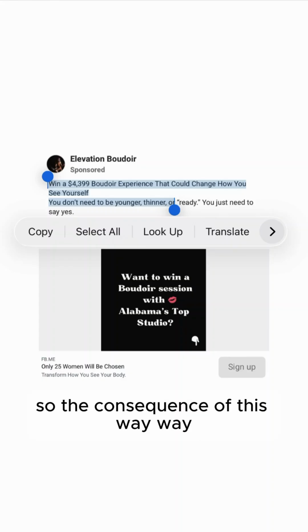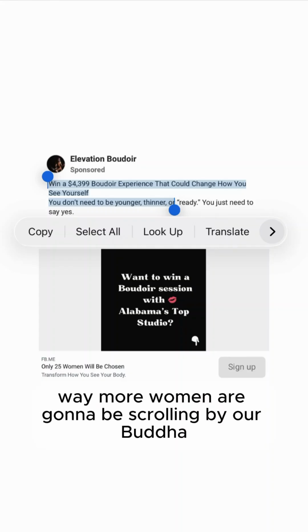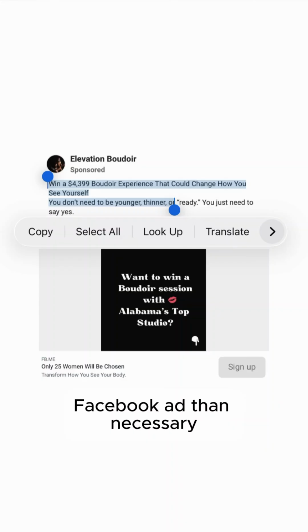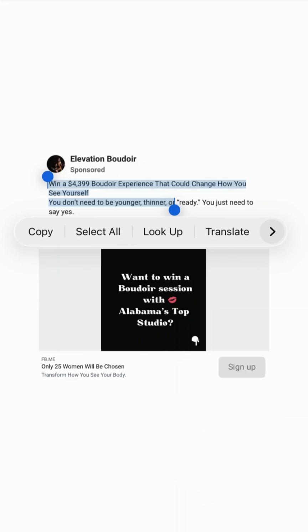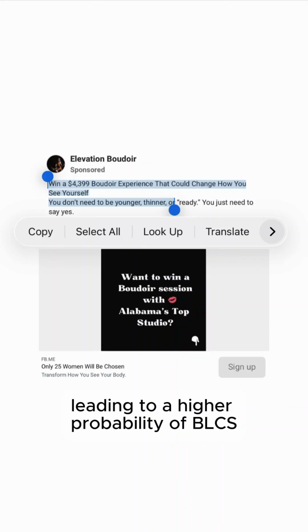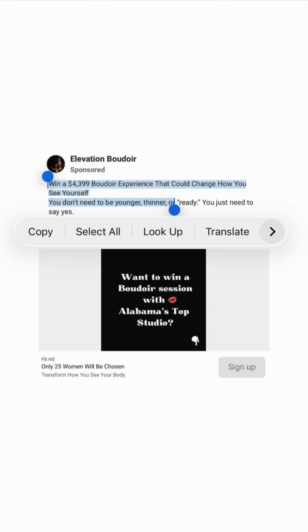So the consequence of this, way more women are going to be scrolling by our Boudoir Facebook ad than necessary, pulling our unique CTR under 6% and leading to a higher probability of BLCS, Boudoir low click syndrome.